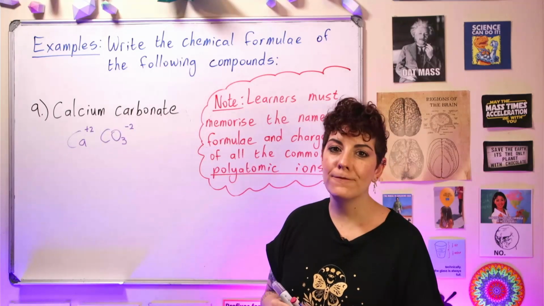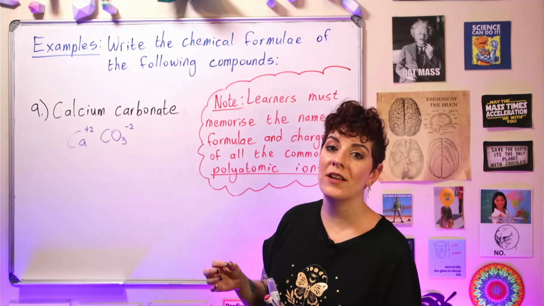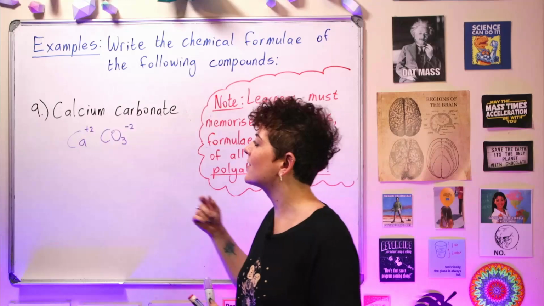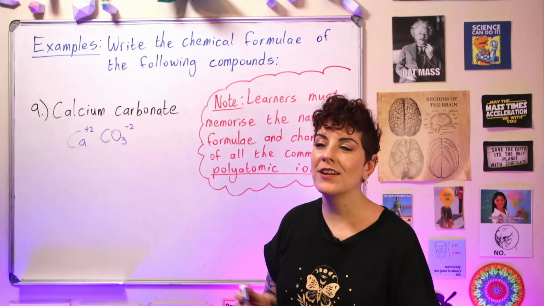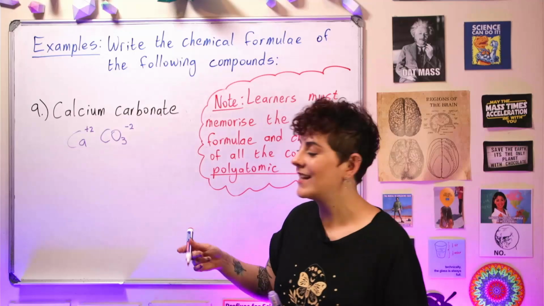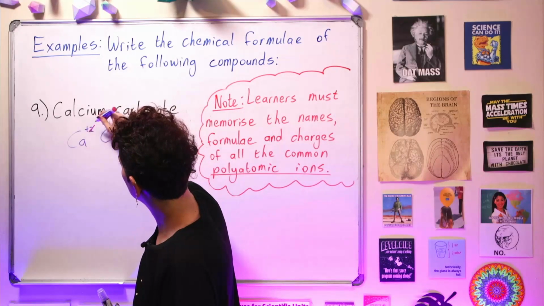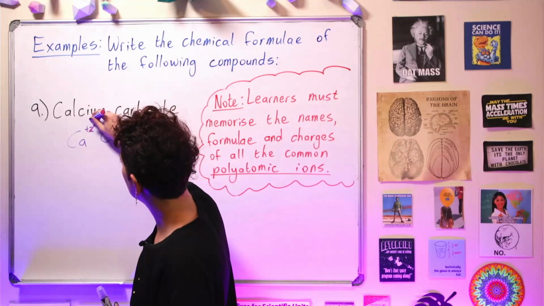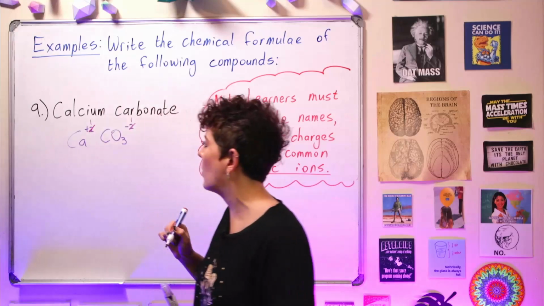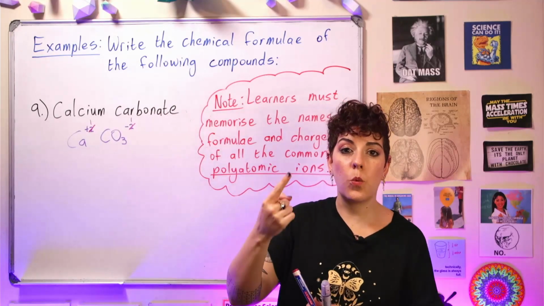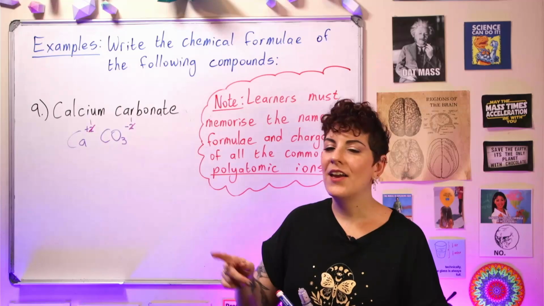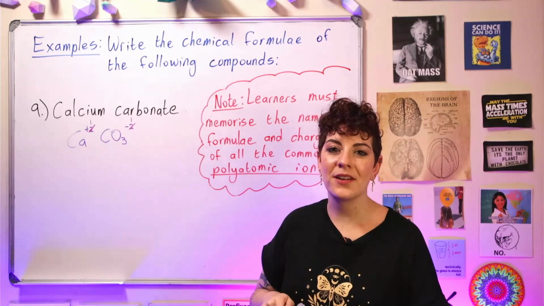Now here we can follow one of the rules discussed a bit earlier, where if there is the same number in each charge, then you can cancel those numbers and make each number 1. So there's 2 and 2, so instead we'll cancel them to be 1 and 1. Now, if you can see that you're going to land up with just 1 polyatomic ion, then you do not need to put it in a bracket.